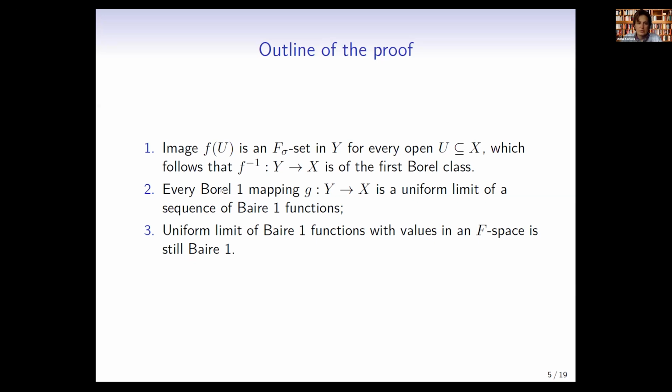The second step is to prove that every Borel one mapping between F-spaces, or between metric spaces, is a uniform limit of a sequence of Baire one functions. And the third, final step is to show that the class of Baire one functions is closed under uniform limits. These three steps together give us the result of Rolewicz.